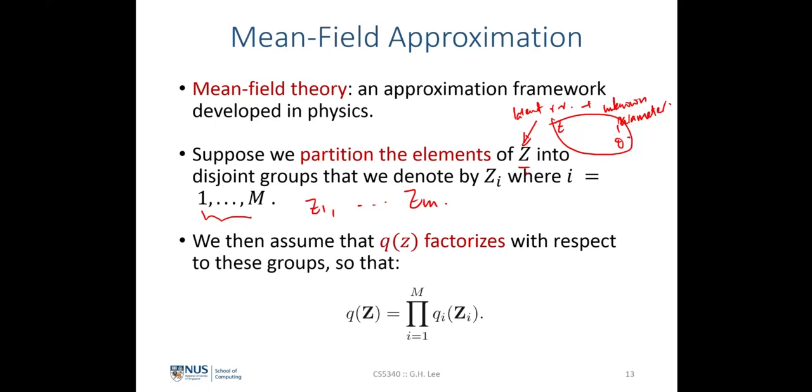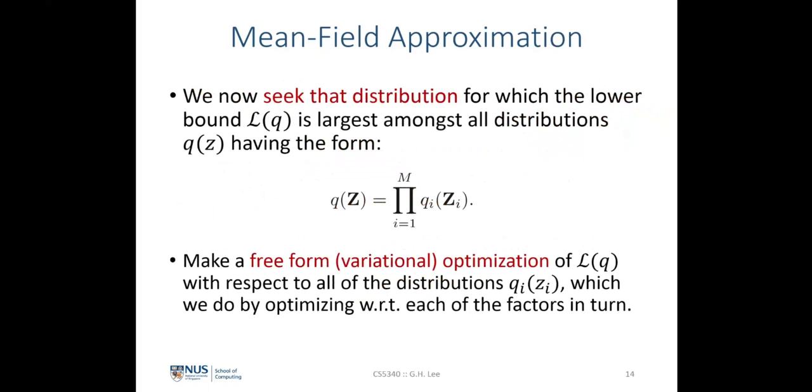Following the mean field approximation, we then assume that Q here factorizes with respect to these disjoint groups that we have defined earlier, such that the joint probability distribution Q(Z), recall that we partition Z into Z1 all the way to Zm, becomes a product of the individual factor terms Qi(Zi), following the mean field approximation theory.